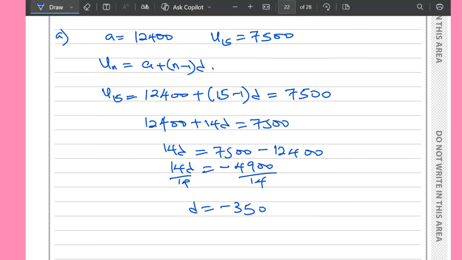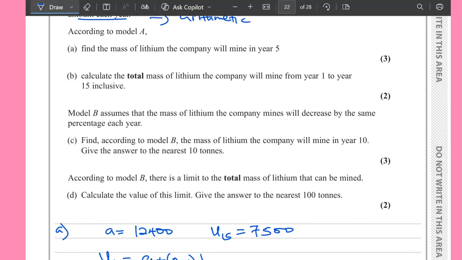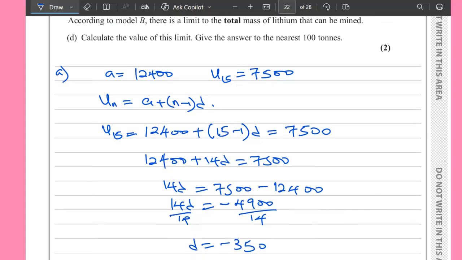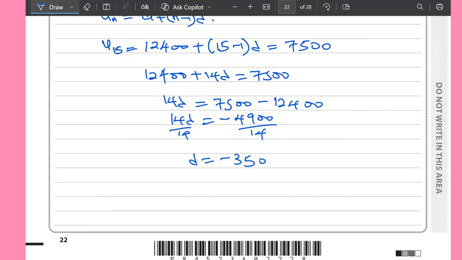So once you have the value of d, the next part of the question says find the mass of lithium the company will mine in 5 years. So that means you are required to get the 5th term. So the 5th term will be equal to a plus 4d. We have the value of a and d. This one will be equal to 12,400 plus 4 into negative 350.